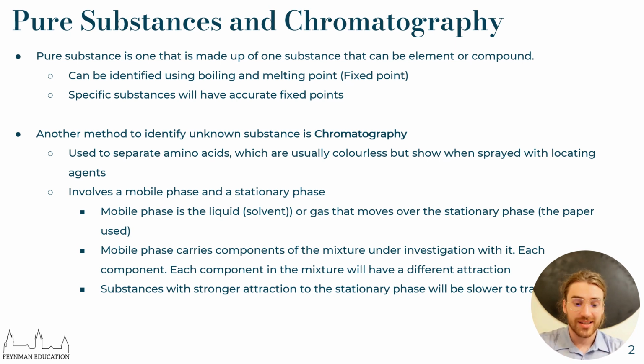So a pure substance is a single type of substance. Okay? That can be an element or it can be a compound. But it is only one type of that element or compound in a solution or in a container. That's a pure substance. So you can have pure water.